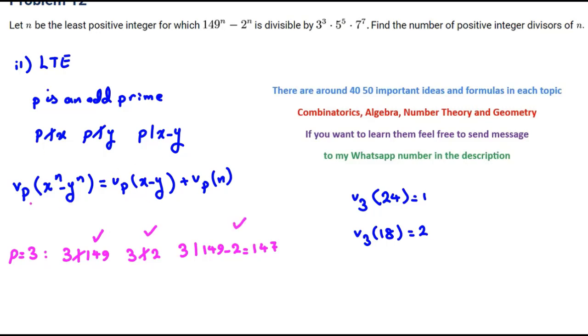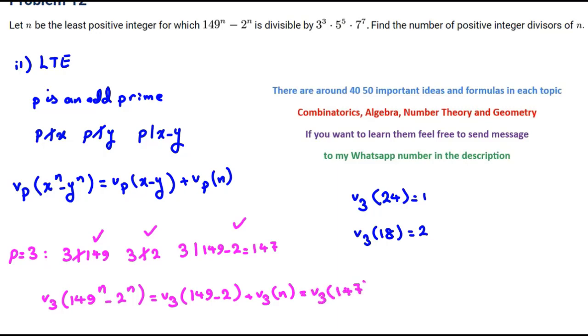Now with 3: V3 of 149^n minus 2^n equals V3 of 149 minus 2, if we use this formula, plus V3 of n. It will be V3 of 147 plus V3 of n.